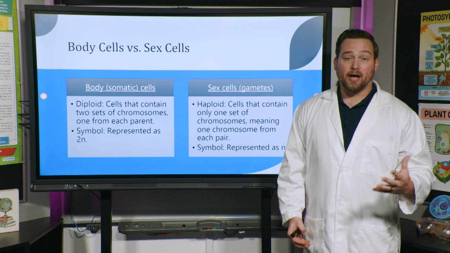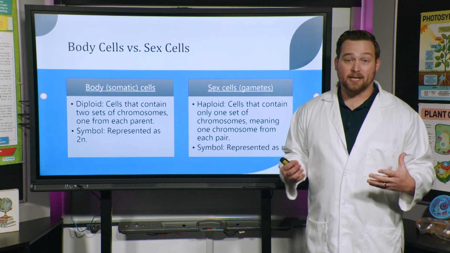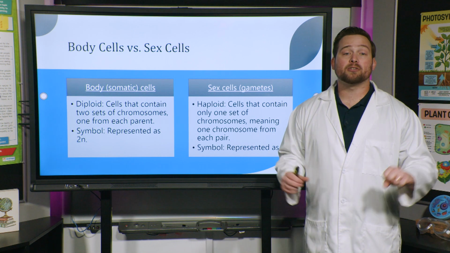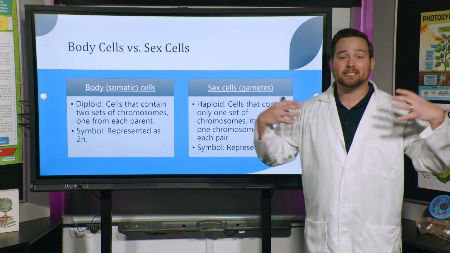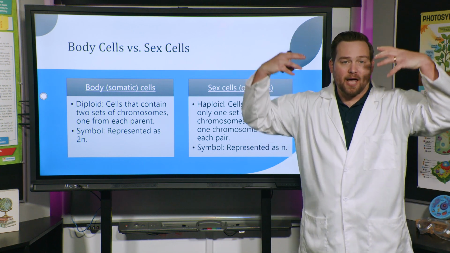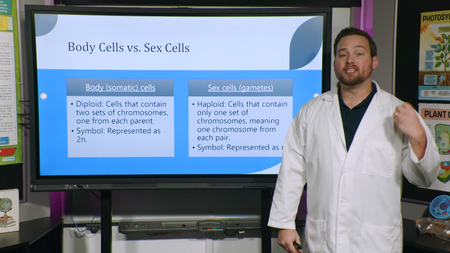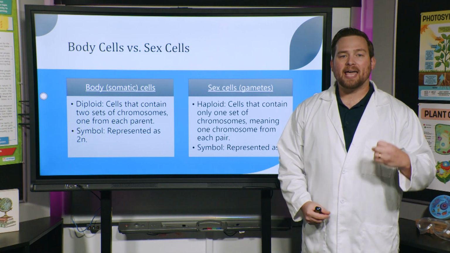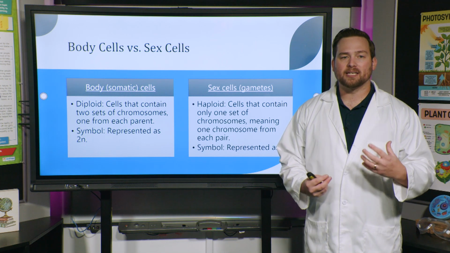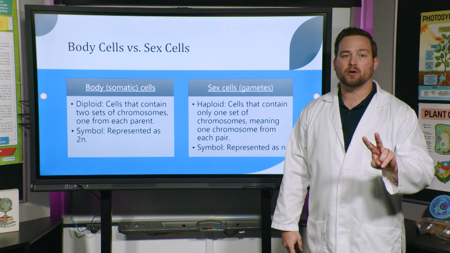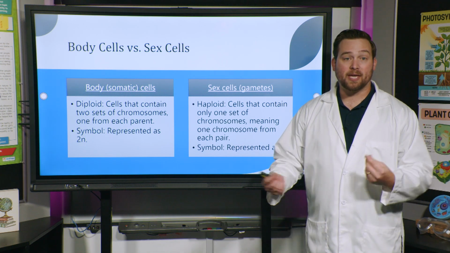Body cells, everything that's not a sex cell, we would call somatic. Somatic is a word for body. All of these cells that make up your body are called diploid. A diploid cell contains 2 sets of chromosomes, and one comes from each parent.